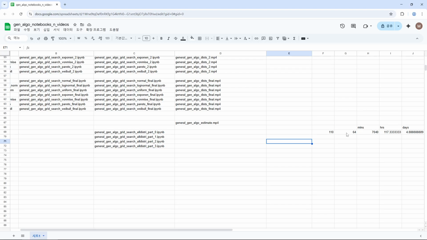The notebooks will keep running until they're done.